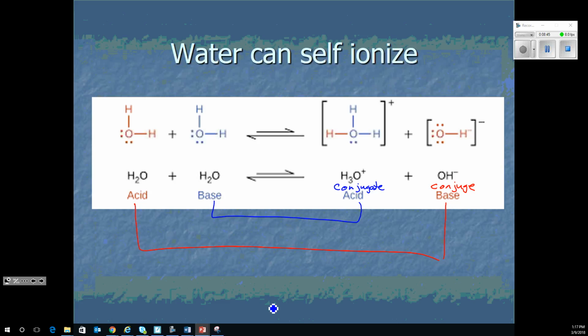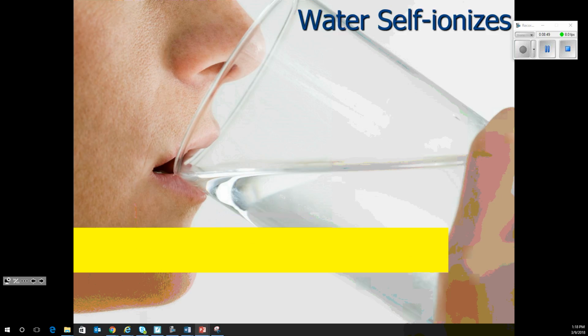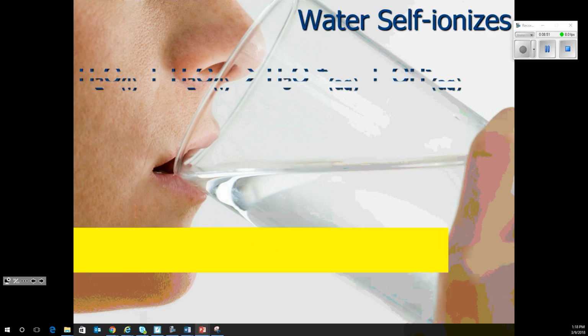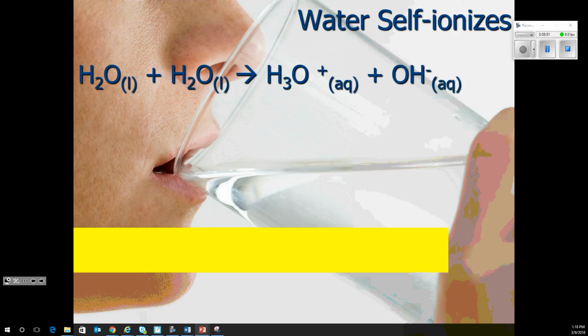Okay, so this is your Lewis dot, so it sort of shows what's going on. We're going to go forward here. We're going to talk a little bit more about that equation. This is not the Lewis dot of that equation, but it's the same thing. If we were to write the K for this equation, remember K's can only have gas and aq in them.